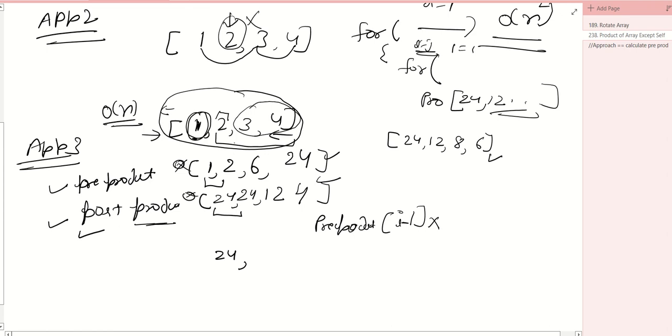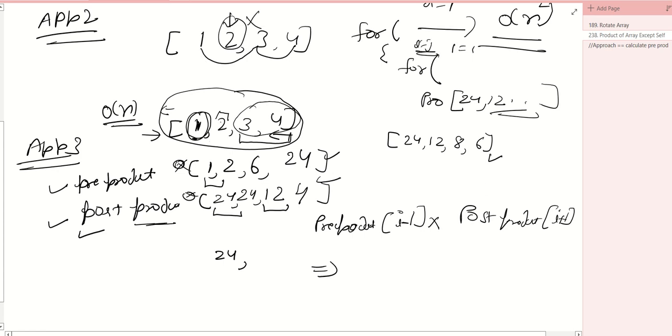Sorry, we are calculating for 2, so we need to find the product of this part, which we are storing in the post-product. So we can say post-product of i plus 1. Now let's calculate it.